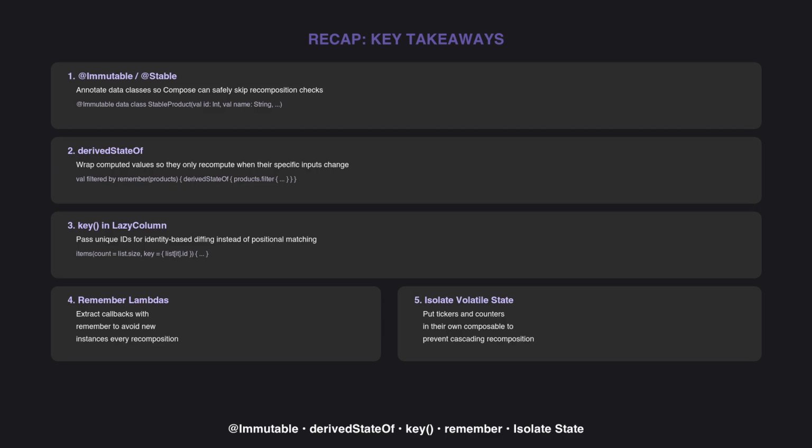Third, key in LazyColumn. Pass unique IDs for identity-based diffing. Fourth, remember lambdas. Extract callbacks with remember to avoid new instances. Fifth, isolate volatile state. Put tickers in their own composable to prevent cascading.